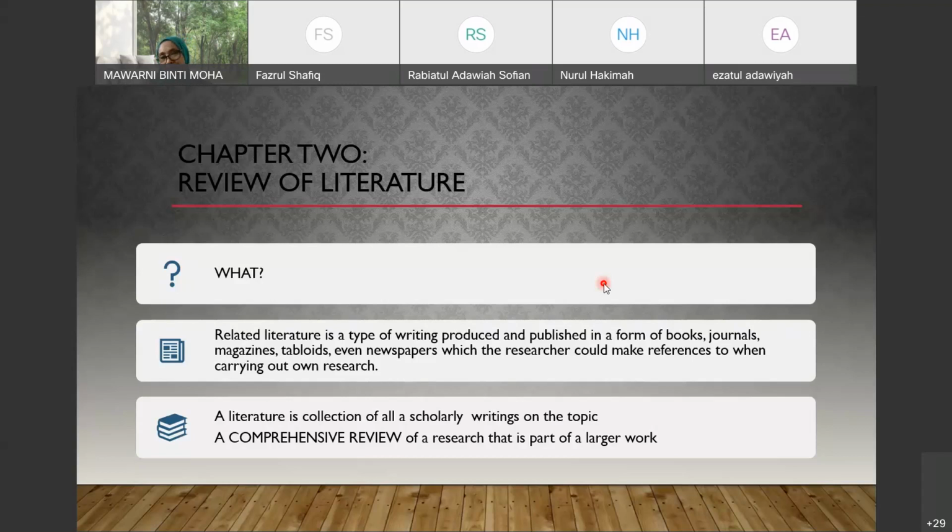That will be different, you need 1 whole day or 2 days or 3 days just talking about review of literature. So as for now, for you, how do you do your review? How would you review your paper? It's all about integration, integrate and synthesize what you find. All right, moving on.